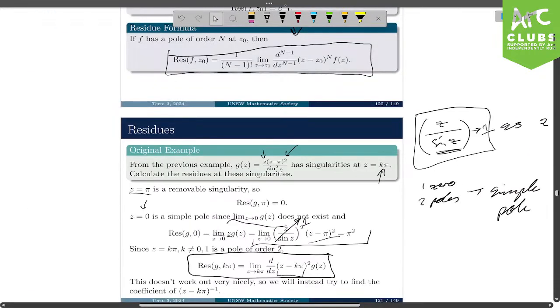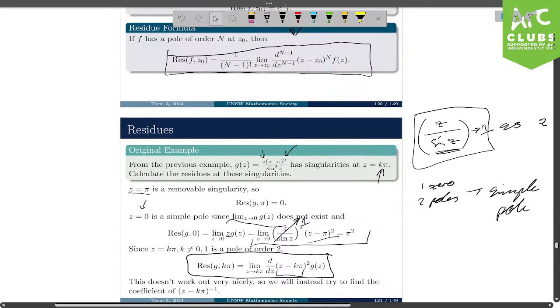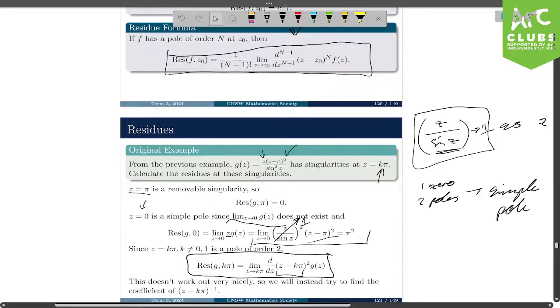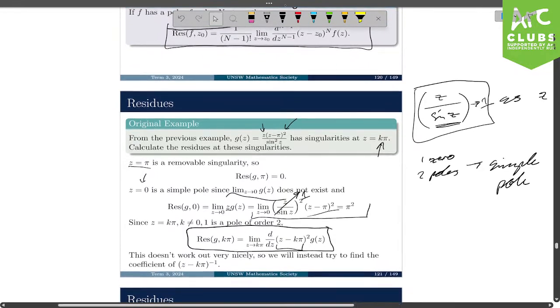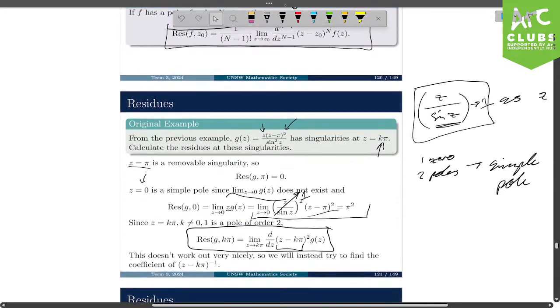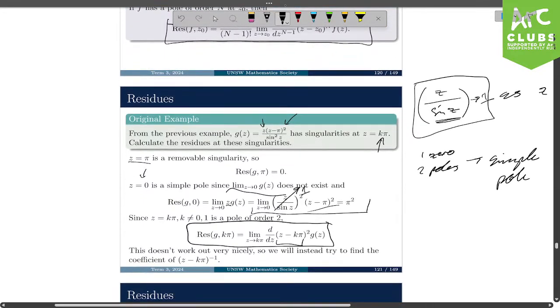But there's a little issue here. We do not know the residue value at this point.